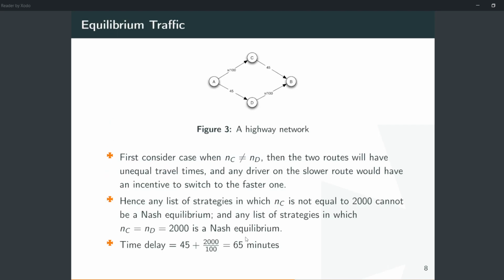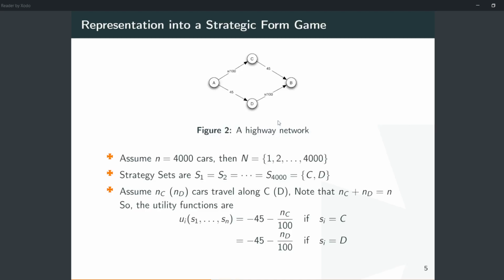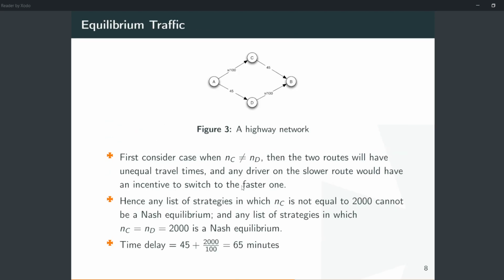Okay, so let's get back to this. What is the equilibrium traffic here? If we consider the case when NC is not equal to ND, remember NC was this path and ND was the path below, then the routes will have unequal travel times, because if the utility expressions are unequal, then the times are unequal, and any driver on the slower route would have an incentive to switch to the faster one.